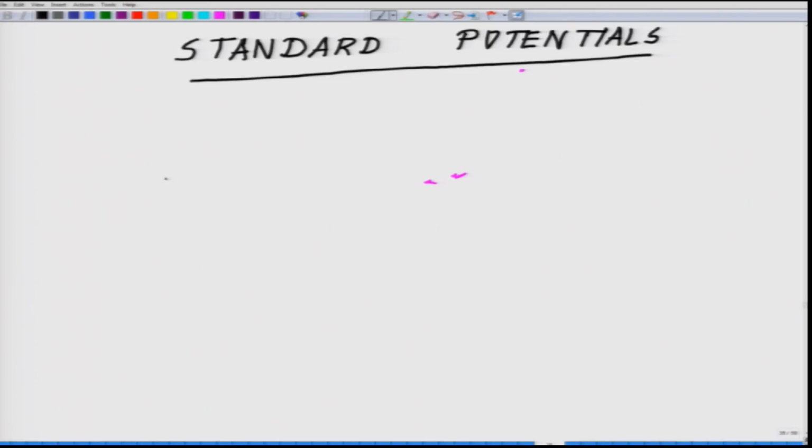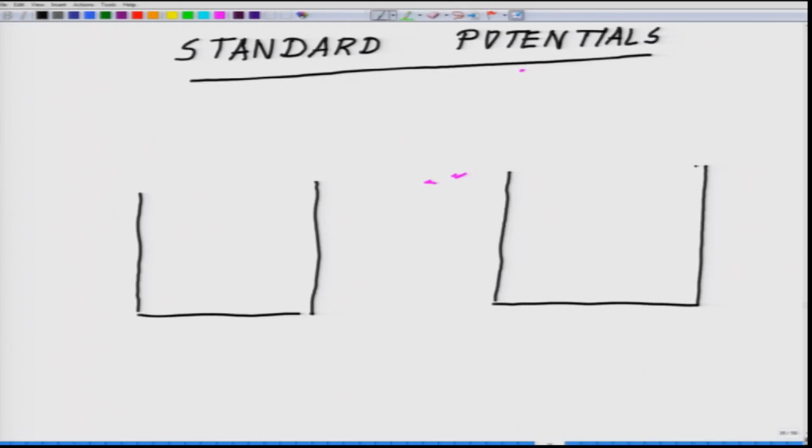If you remember, in the last class we had this cadmium and silver electrode. You had the cadmium electrode on your left-hand side, and on the right-hand side the silver electrode.